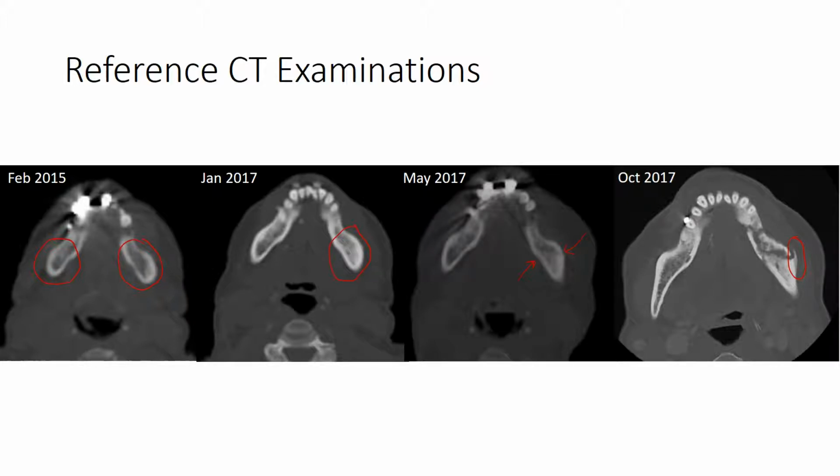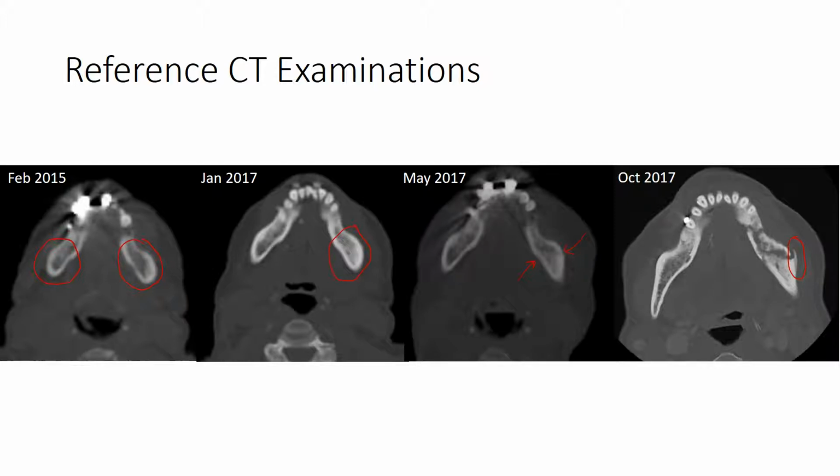It doesn't look like there's a lytic lesion that ate up the bone first and then the fracture occurred. It looks like there was a gradual sclerosis of the mandible, followed by a non-displaced fracture, followed by an erosive process with sequestra formation.